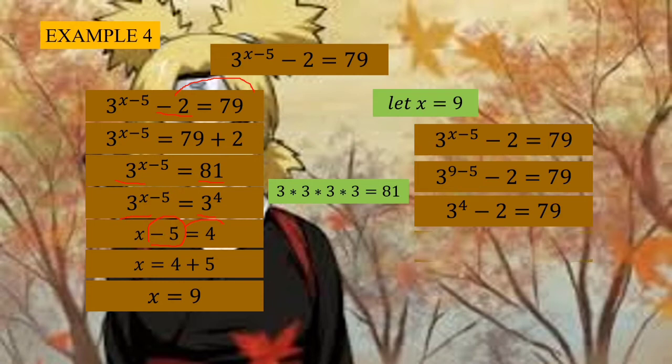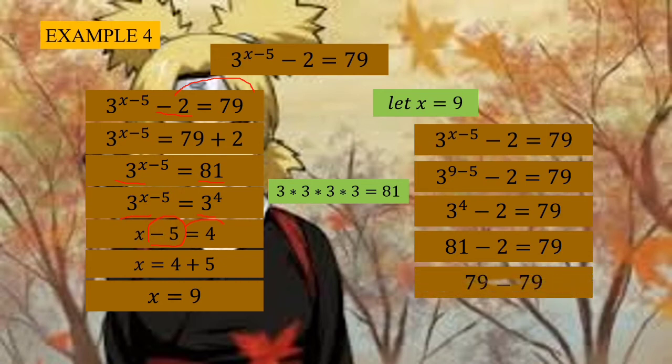Correct. That is 81. So, 81 minus 2 is 79, equal to 79. So, ganyan lang po siya kadali. Dapat habang nanonood kayo, trinatry nyo rin siyang isolve sa papel at sinusundan nyo yung sinasabi ko kung paano.